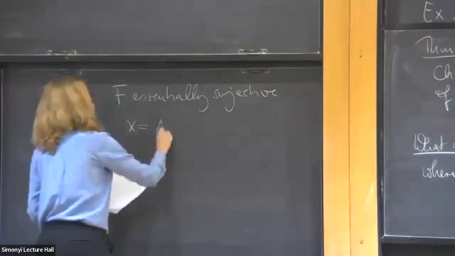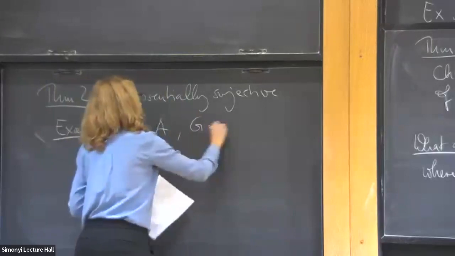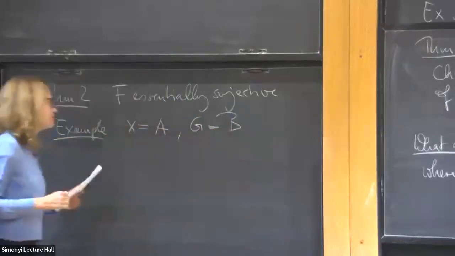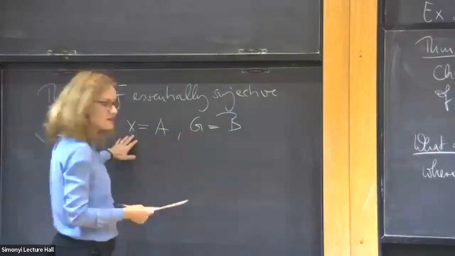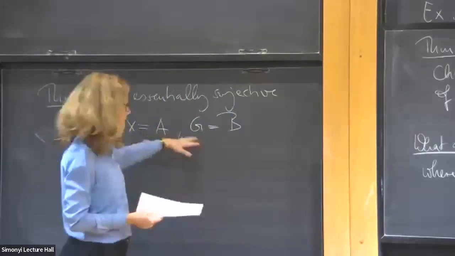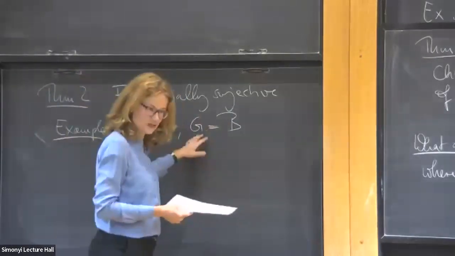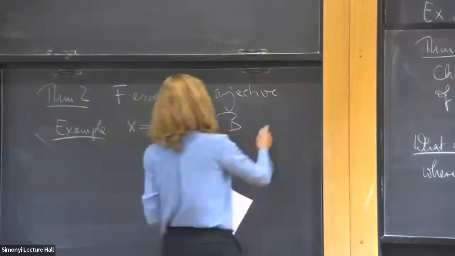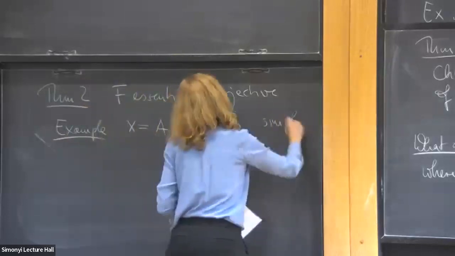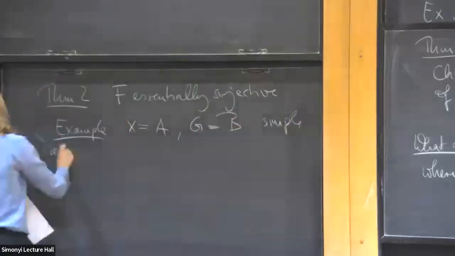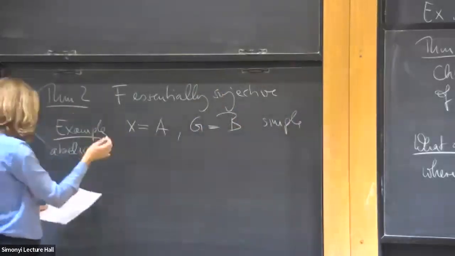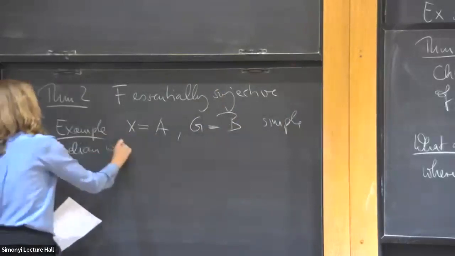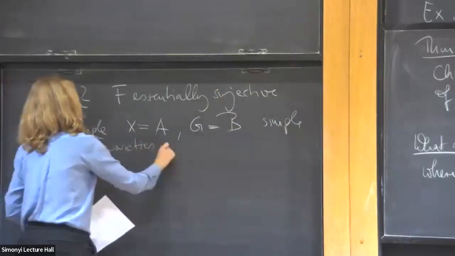Okay, and you might encounter the following problem. Take two abelian varieties. X is the analytification of an abelian variety and G is the analytification of an abelian variety. Both are allowed. Both are simple abelian varieties, and as always, I don't write analytification if I go from algebraic to rigid analytic. Abelian varieties with good reduction. I mean, what could be better?